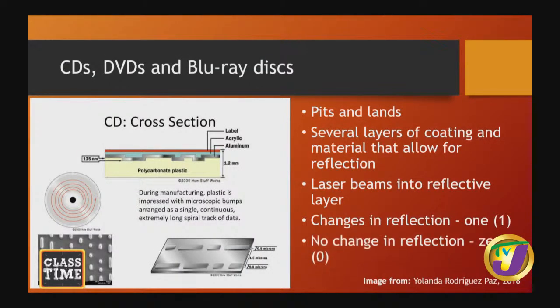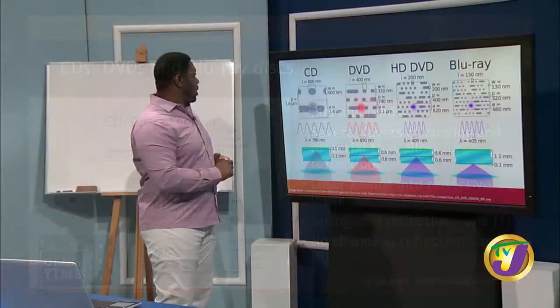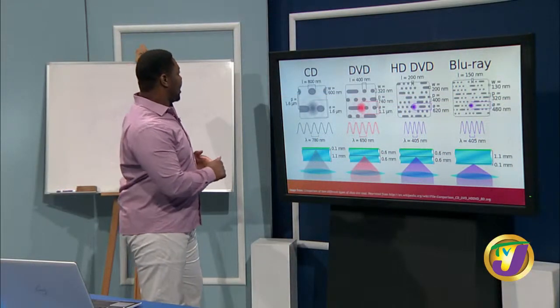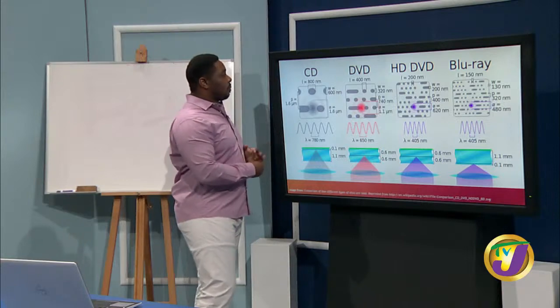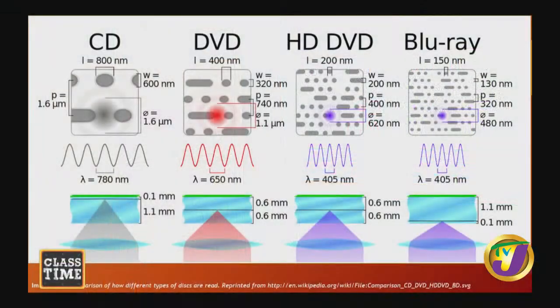All right. So let's look at them with a little bit more, a closer, a bigger microscope. Your CDs, DVDs, and Blu-ray discs tend to be different in terms of the size of pits and lands, the distance between the tracks themselves, and of course how clustered each pit and land is to each other. So the measurements tend to be smaller as you progress.